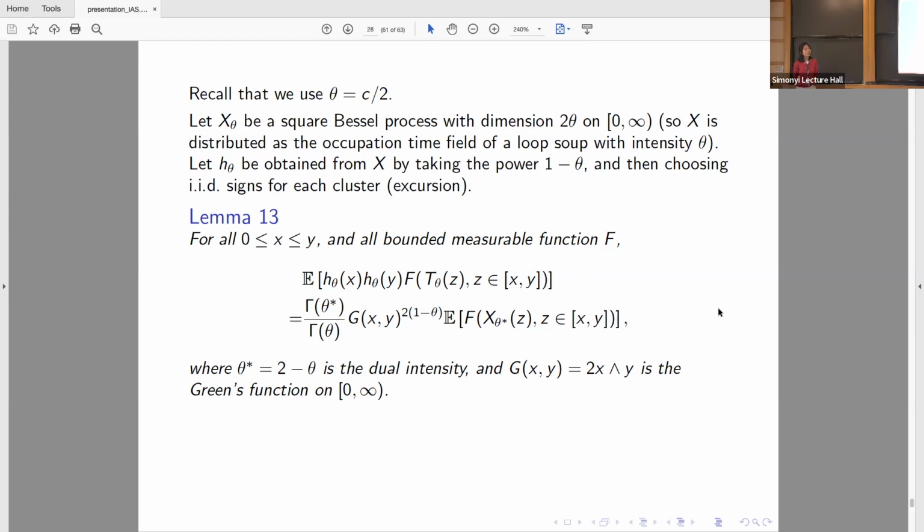A very vague question. Here your fields are built out of Brownian loop soup, so Brownian motion is very canonical. Is there any notion, I don't know how exactly to create a GFF loop soup and create something out of that? What is GFF? Yeah, that's the question. It's level 1, I don't know.